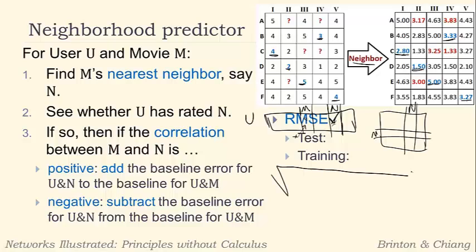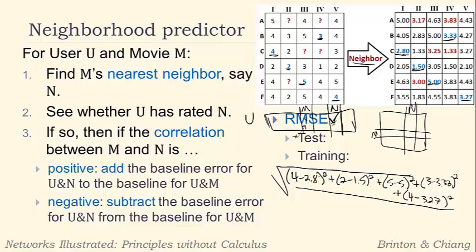So we'll take the square root of the sum of the squares again: 4 minus 2.8 squared, plus 2 minus 1.5 squared, plus 5 minus 5, which is just 0 squared, plus 3 minus 3.33 squared, plus 4 minus 3.27 squared. And we divide that by 5, because there are 5 of those terms again.